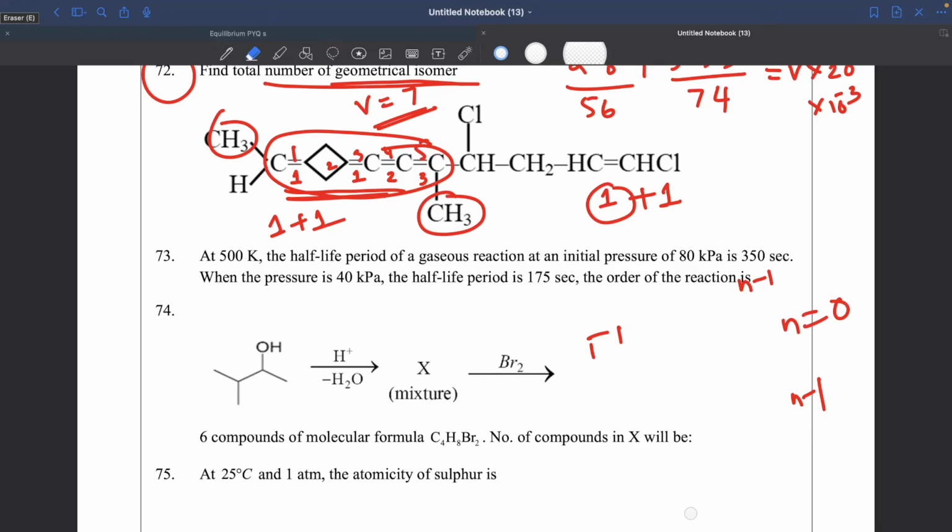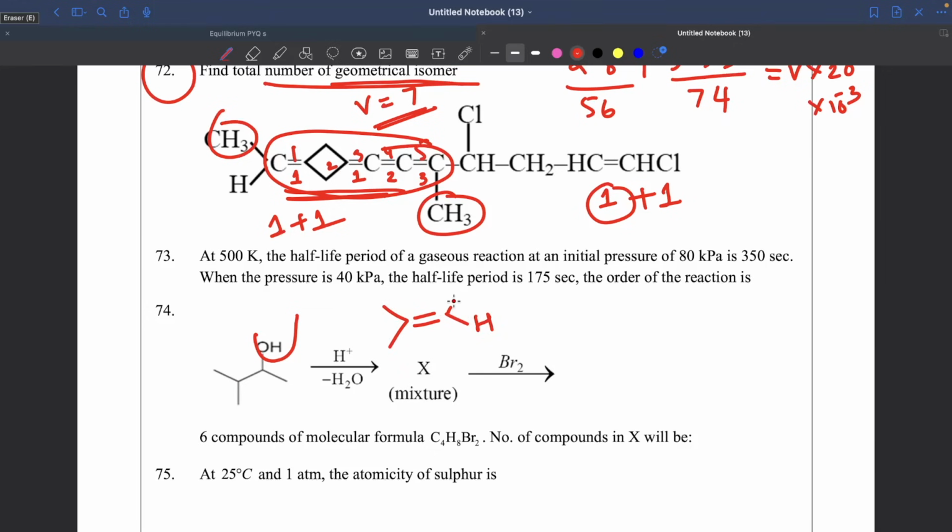Question number 74 is, a reaction is given to us, and this reaction is done with Br2. So how many products are being formed here? Okay. So the first one is dehydration. So what we have to do here? First this will leave, carbocation will be forming, and this is going to be this, hydrogen and CH3, CH3, CH3. So this is the product X, right?